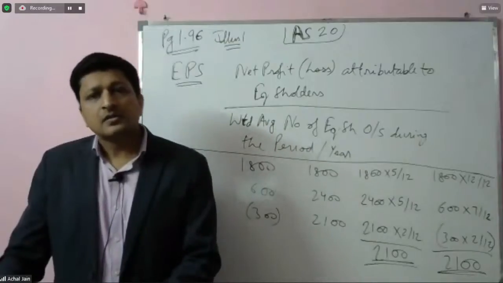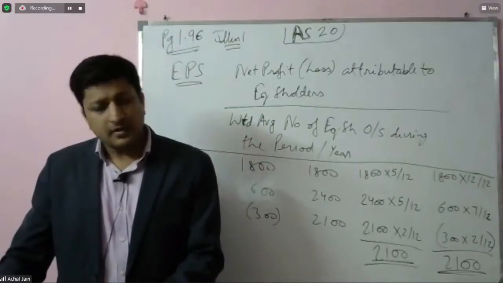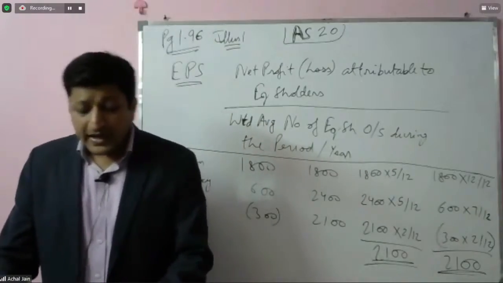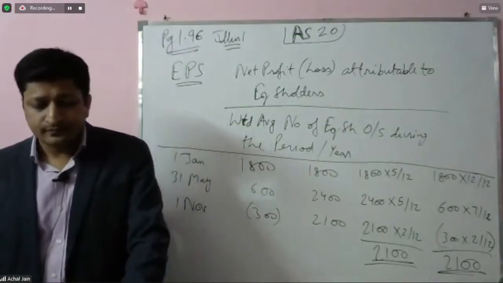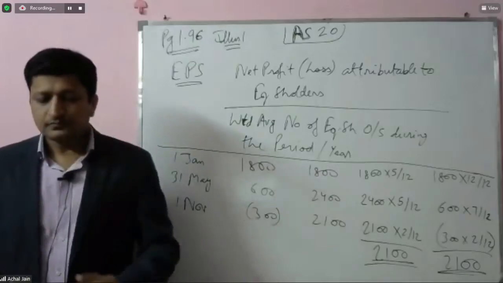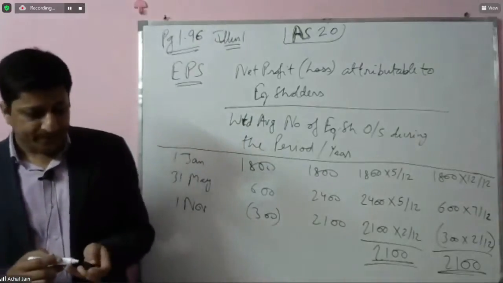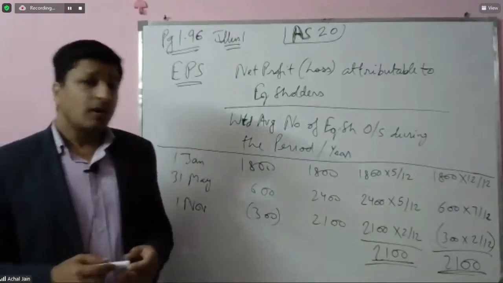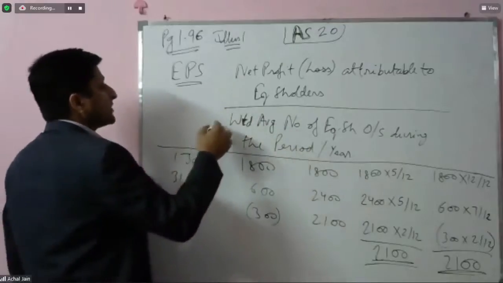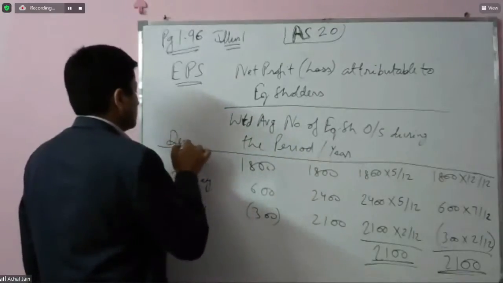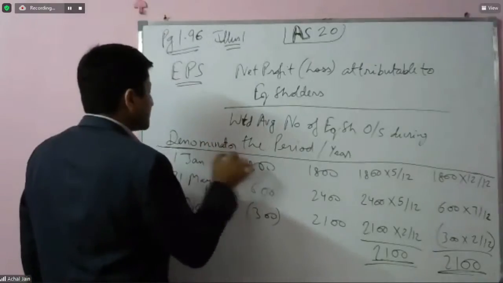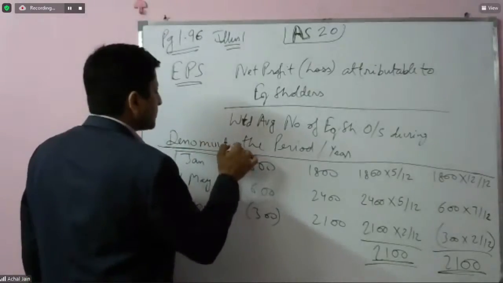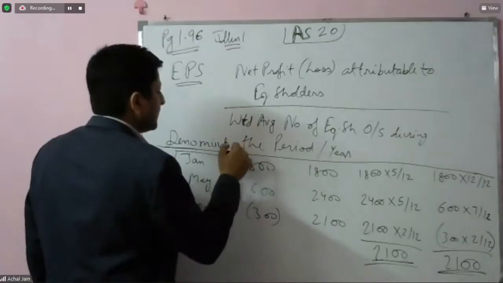Clear on this part? Any questions, any doubts in case you have on this, please let me know. So this is all about the computation of this denominator. In relation to this denominator, this is how the computation will be done.